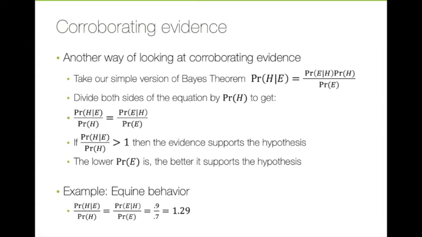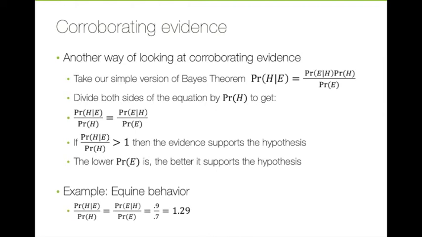And we determine it using the right-hand side of the equation. So we determine that ratio of the posterior to the prior from the probability of E given H to the probability of E. If that number is greater than 1, the evidence supports the hypothesis.